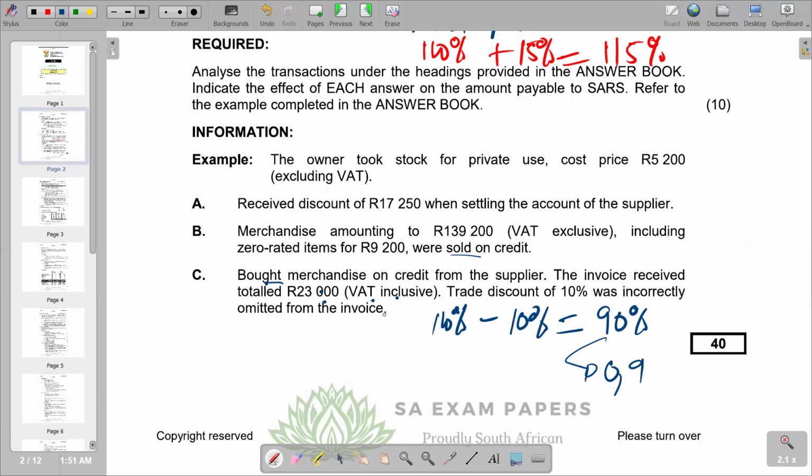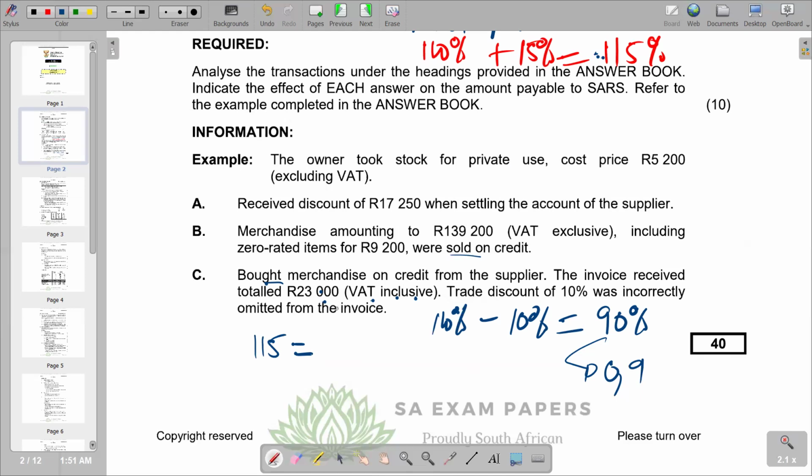Remember, this is VAT inclusive, and VAT inclusive is indicated by 115%. So we are saying 115% is equal to the answer that we are going to get after you have multiplied our 0.9 times 23,000.